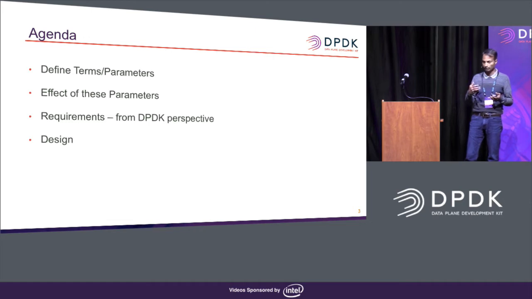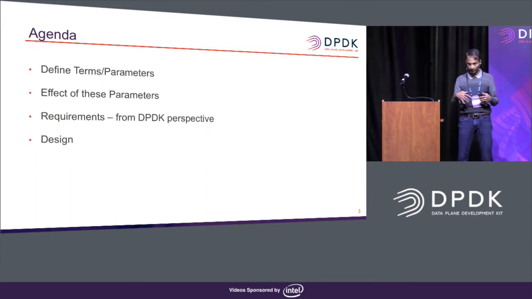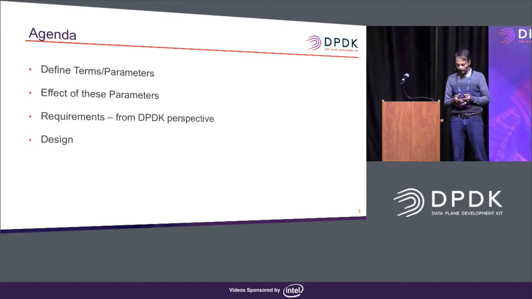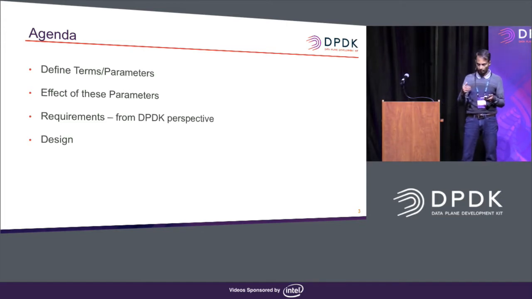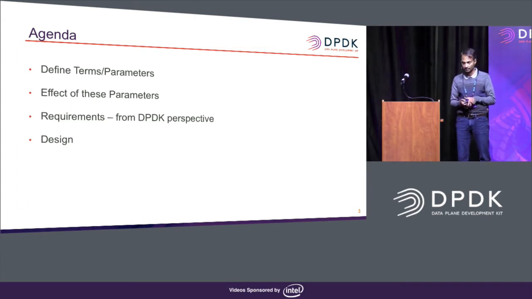How does it affect reclaiming memory? And then I will talk a little bit about the requirements that I have been working with that apply to DPDK in particular. And then I'll go a little bit into the design, which talks about how I have addressed these requirements.